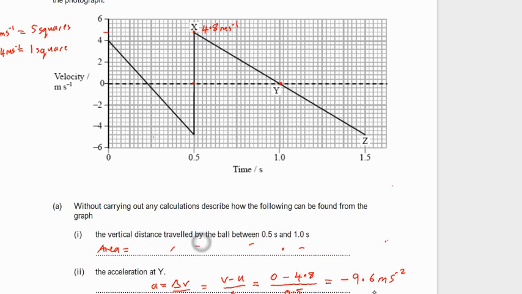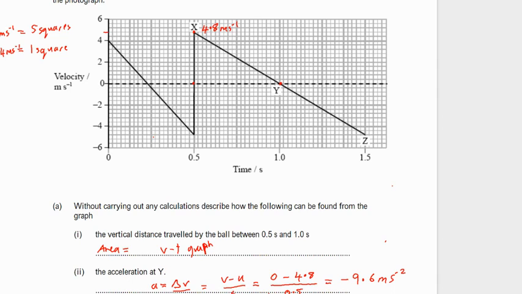So the area underneath a velocity time graph gives us the distance traveled.